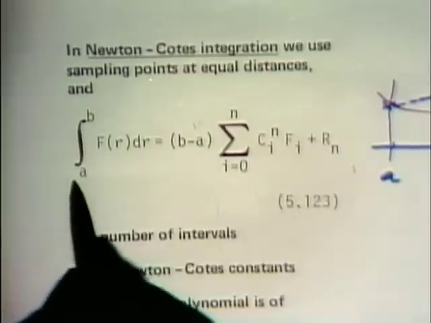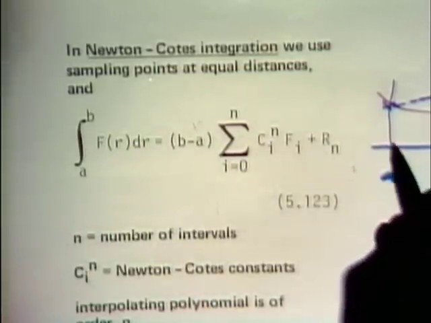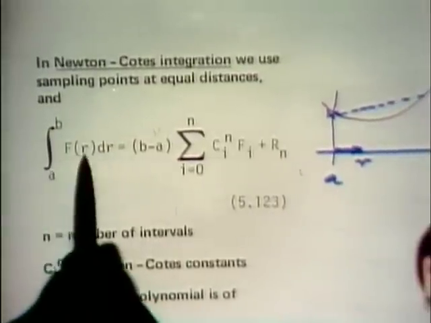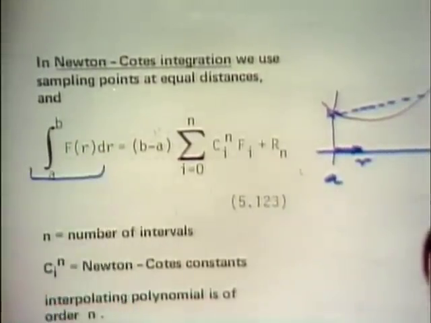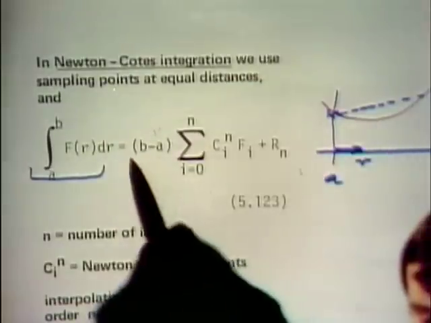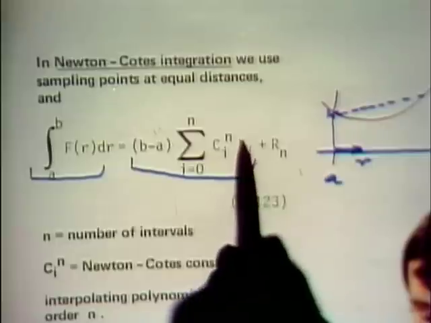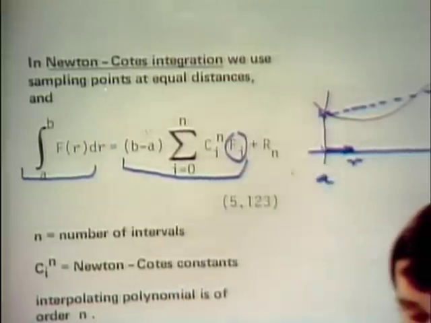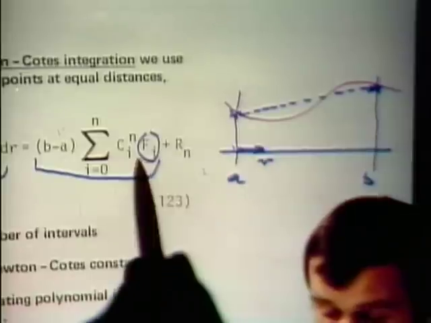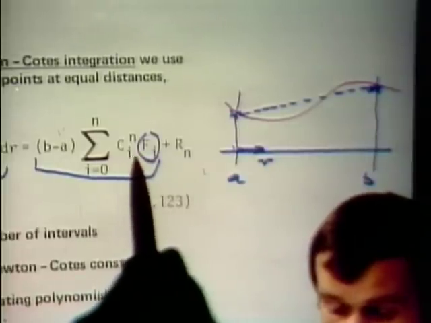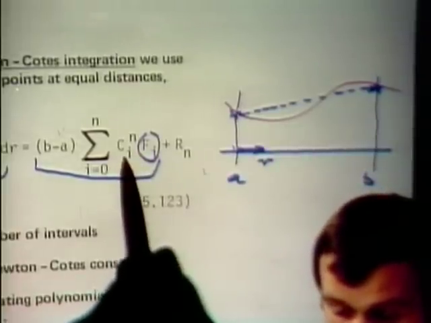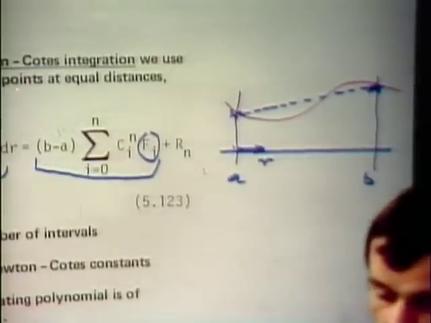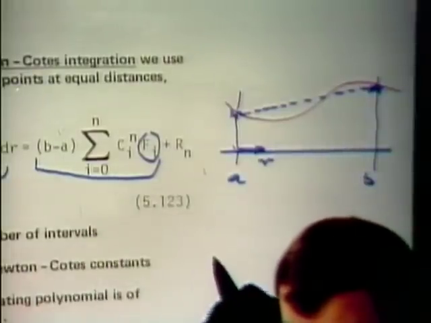What we are saying is that the area from A to B, now I used here r, this is the r-axis, say, from A to B, this is the actual integration, is replaced by the summation of the value at this point, the f0 value, the f1 value, and each of these values is multiplied by a certain constant. So in this particular case, for the trapezoidal rule that I'm talking about, the right-hand side looks as follows.